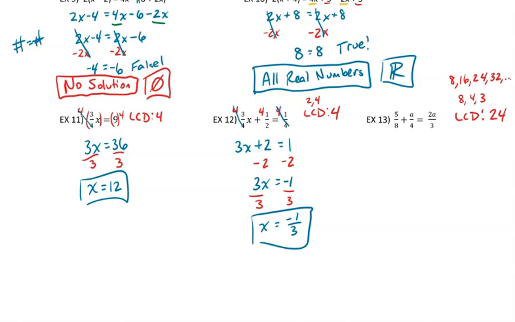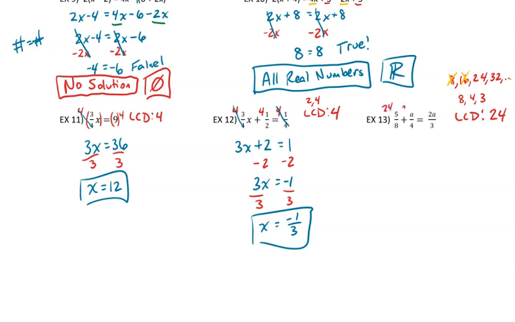Your LCD is going to be the smallest one in this list that can be divided by 4 and 3 also. So just start dividing them by 4 and dividing them by 3 and see which one works. In this case, 8 can't divide by 3, 16 can't divide by 3, so both of those will be out immediately. 24, though, can be divided by 8, divided by 4, and divided by 3. That's the number we want.